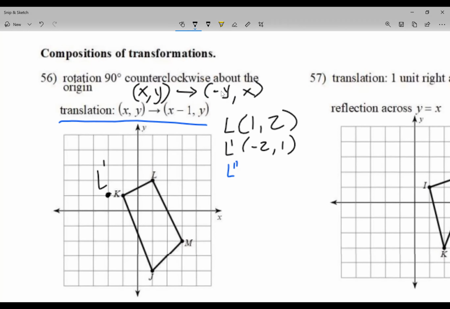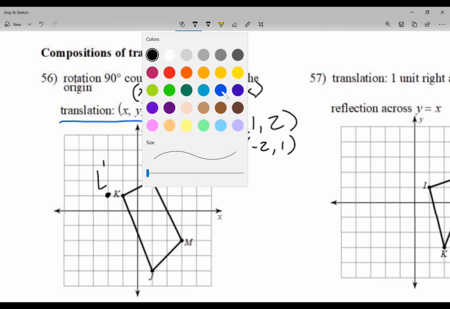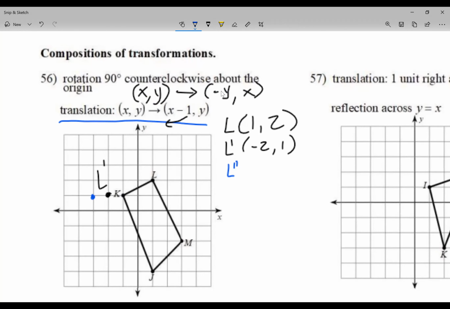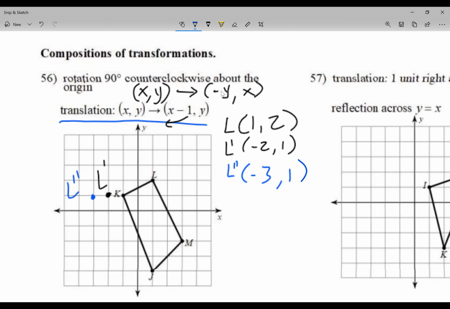I can easily see x minus 1 basically means 1 to the left. And then the y by itself means don't move it up or down, just 1 unit to the left. I could use the graph and plot it in. So that's my point L double prime, and the coordinates of that are (-3, 1).